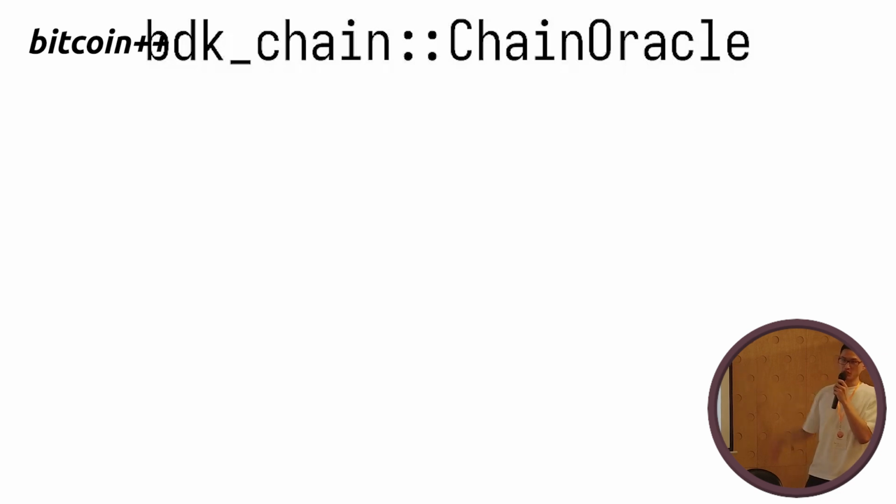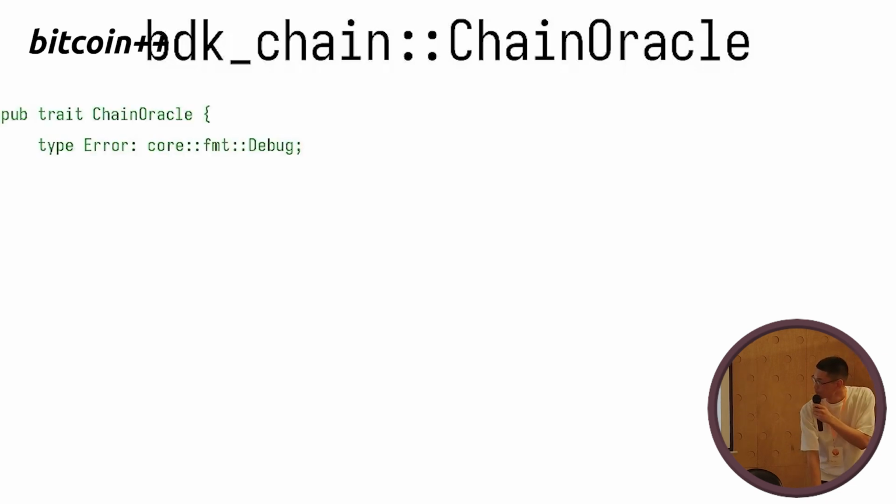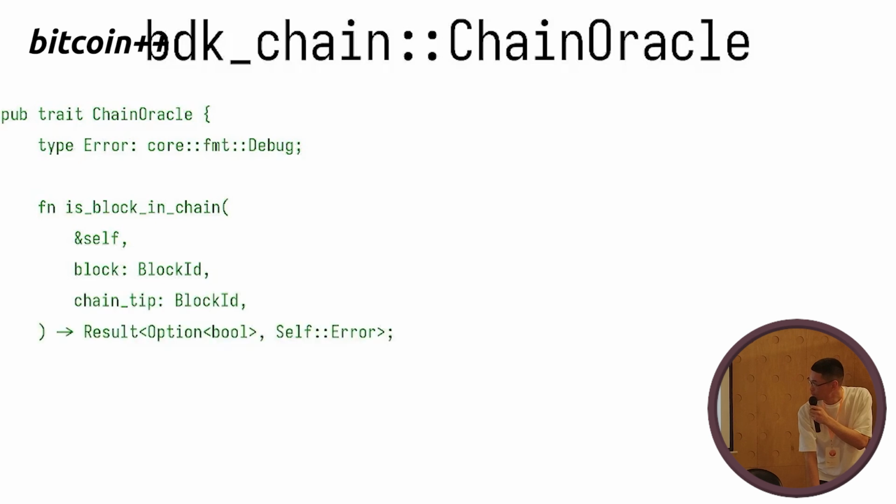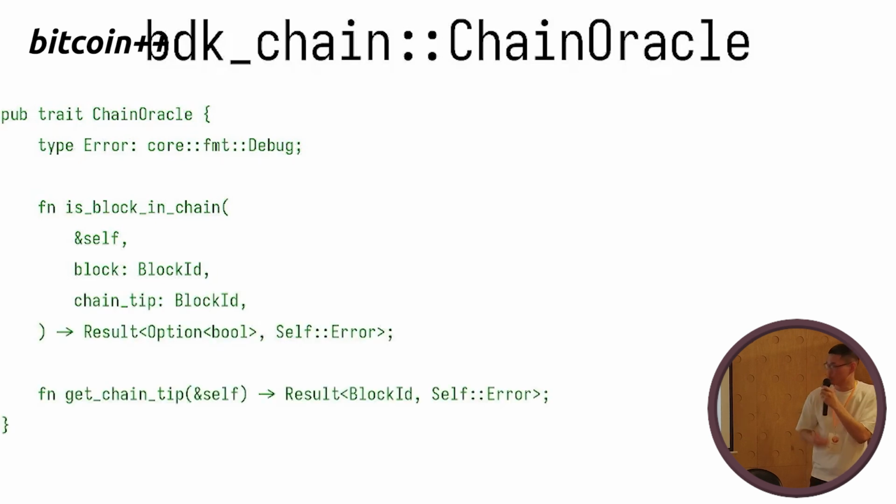Another structure comes in: this is the chain oracle. Basically, the method is a block and chain. All chains are identified by the chain tip, and there's a block ID, which is just the block hash. So you can call this against all the anchors in the chain.